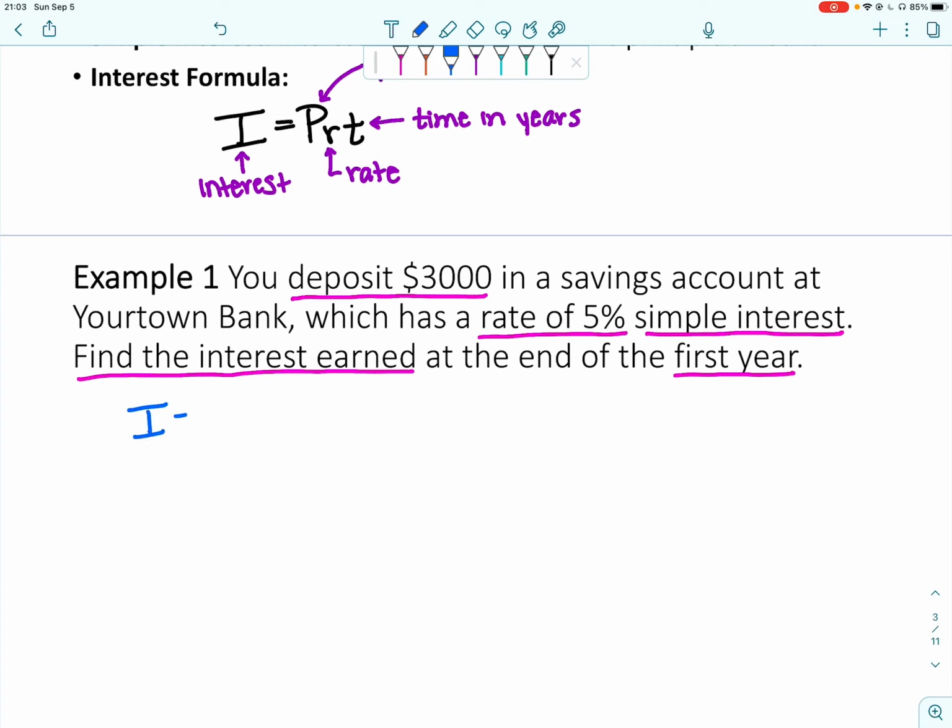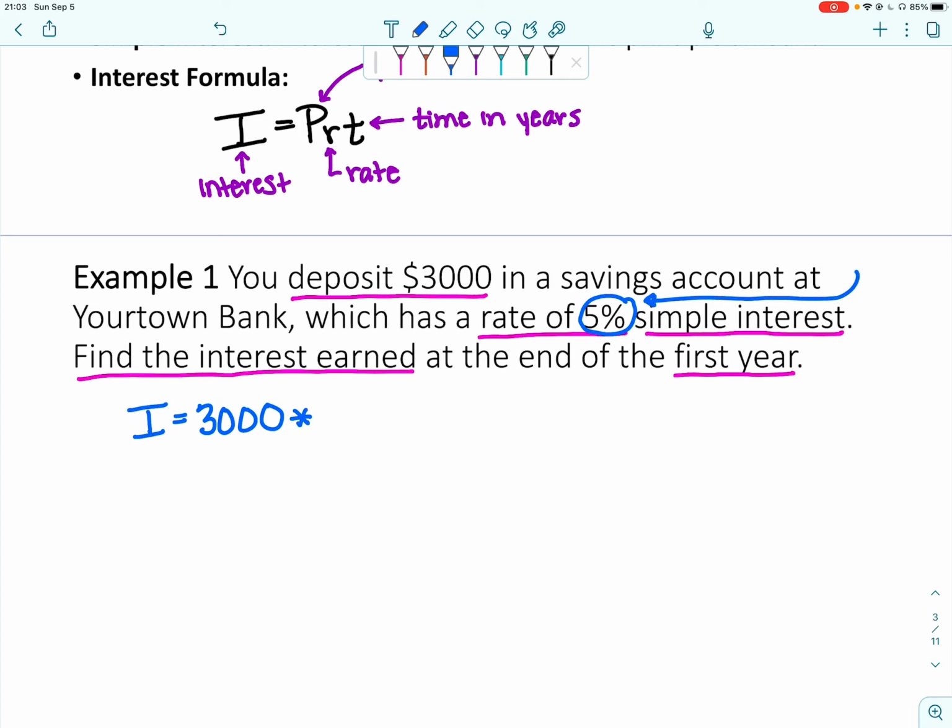So interest is principal times rate times time. So the principal is the amount that you deposited. So we deposited $3,000 times the interest rate. Now our interest rate is 5%, but we can't do math with percentages.